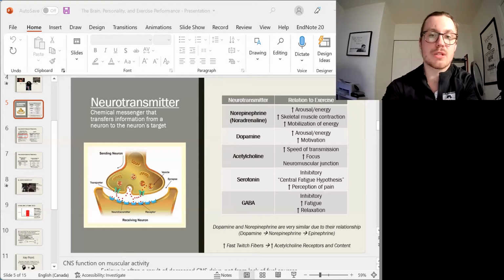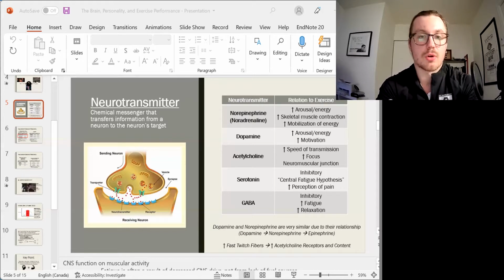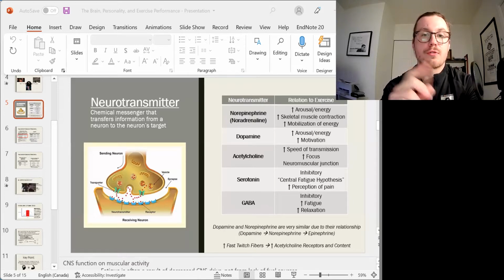With an increase in fast twitch muscle fibers or a greater percentage, there's an increase in acetylcholine receptors as well as an increase in acetylcholine content. This primarily happens because there's a greater density of these junctional folds, so there's a greater surface area for these acetylcholine receptors.